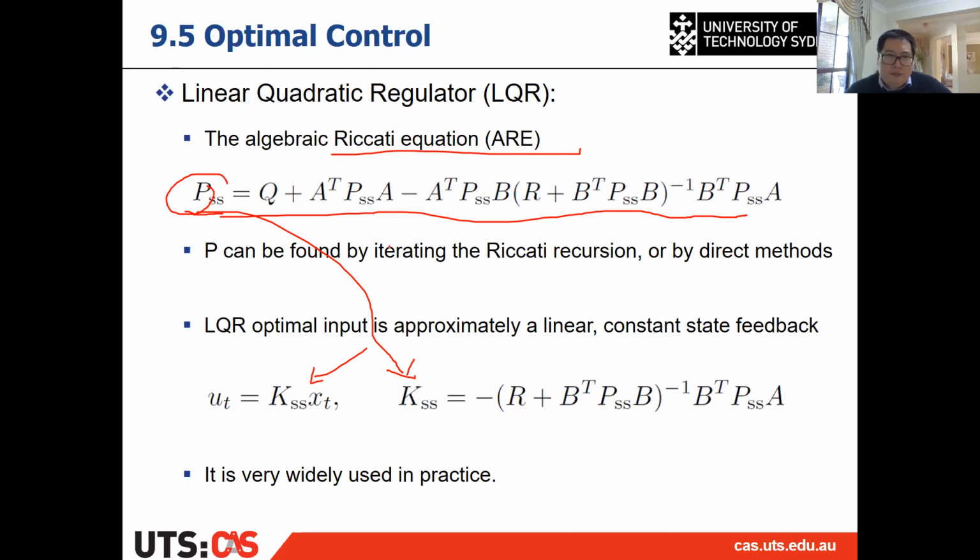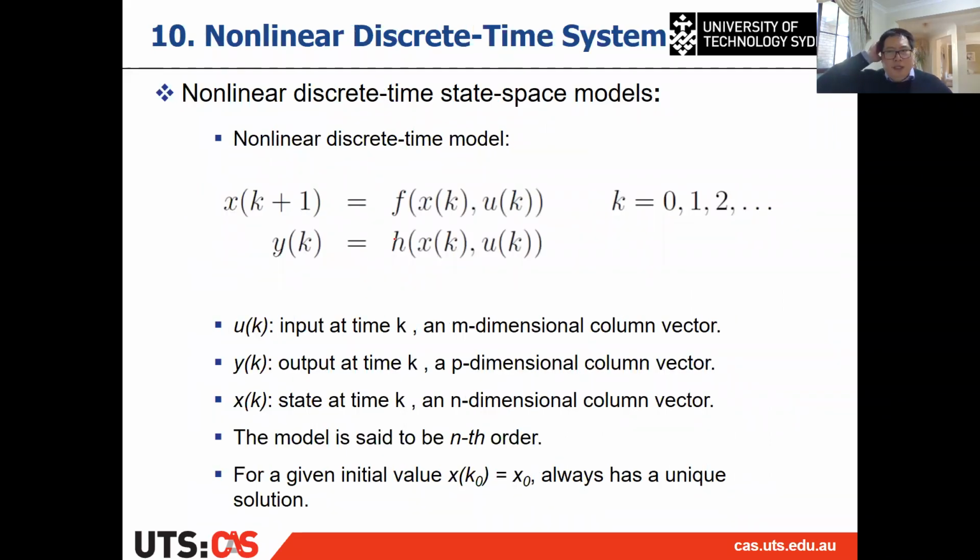All right. So in the last lecture of the control part, we introduced a nonlinear discrete time system. Which means the system is still discrete, but it is nonlinear. How can we tell it's nonlinear?